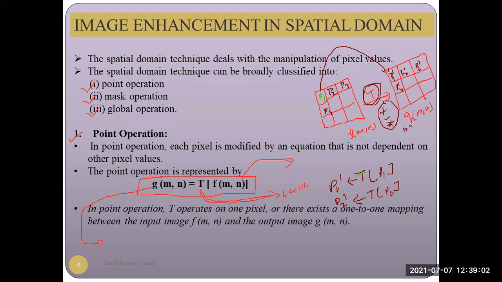It may be logarithmic, exponential, or a gamma function, these are non-linear. So this T can be linear or non-linear, depending upon what type of operator we are performing. Fine, so this is called point operation. Point operation means we operate on each pixel individually. I hope it is clear to all of you what you understand by the point operator.